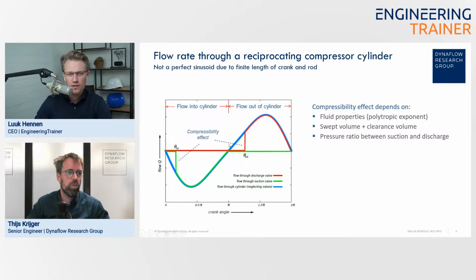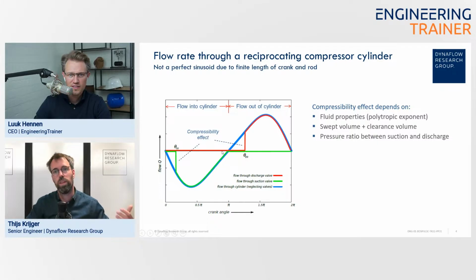So if there's no check valves, then there's just the volume that you're displacing within the cylinder, and that moves. So let's say air goes into the cylinder and moves out of the cylinder, and then net there's no displacement over time. Yeah, exactly.